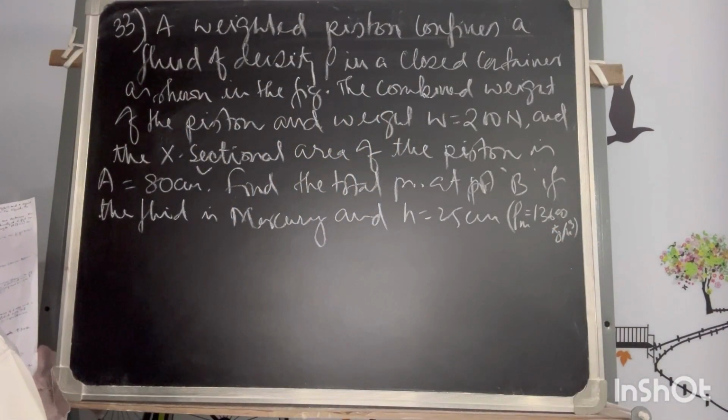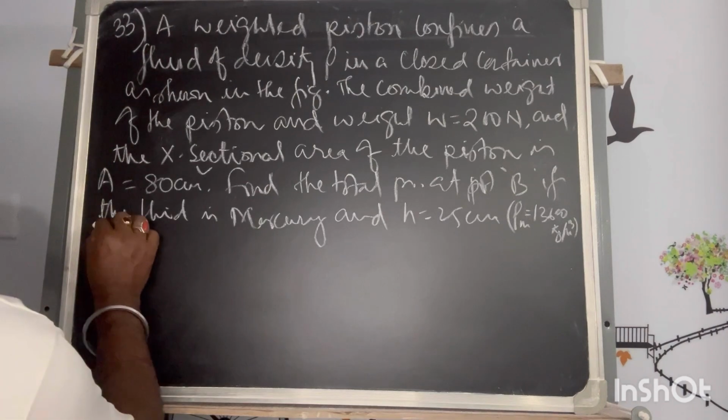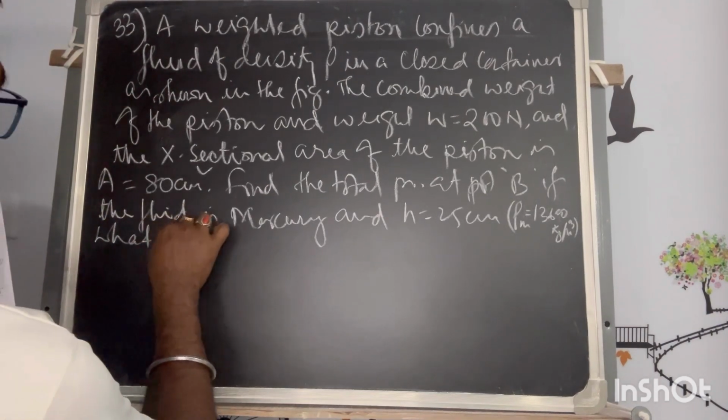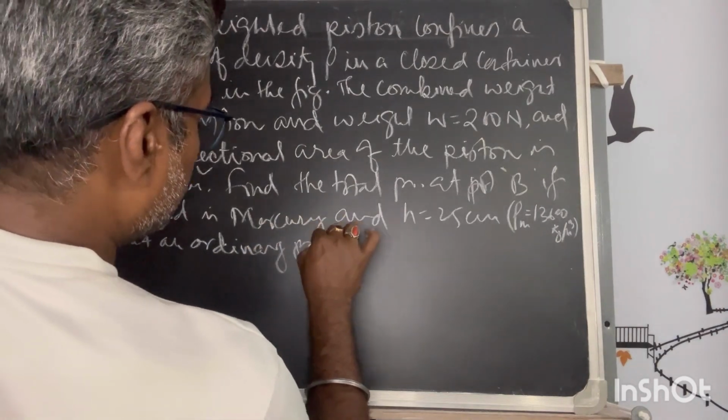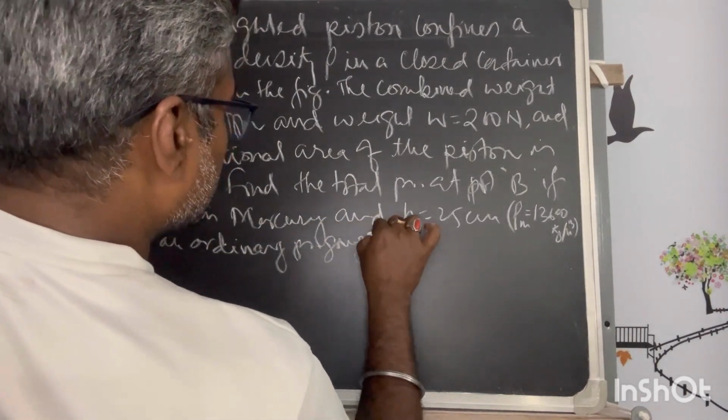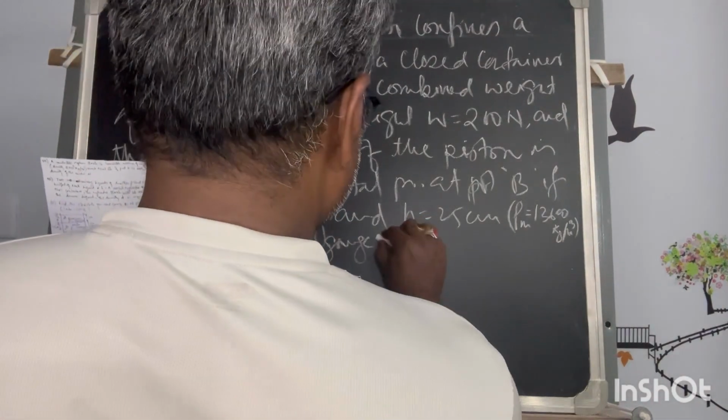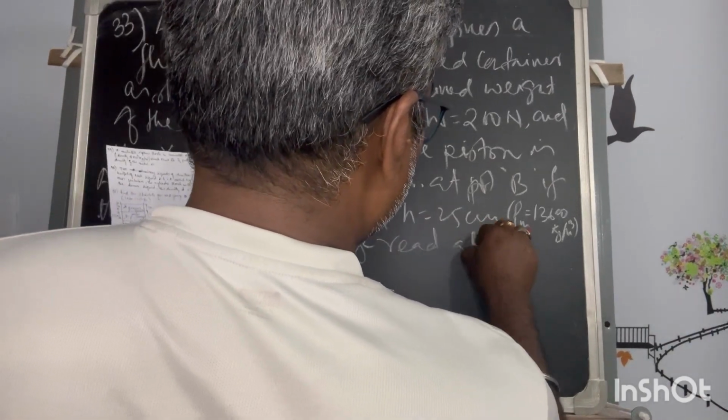What would an ordinary pressure gauge read at B?